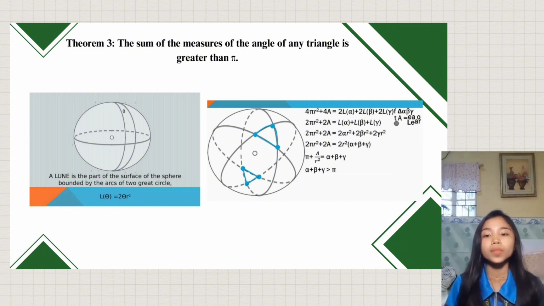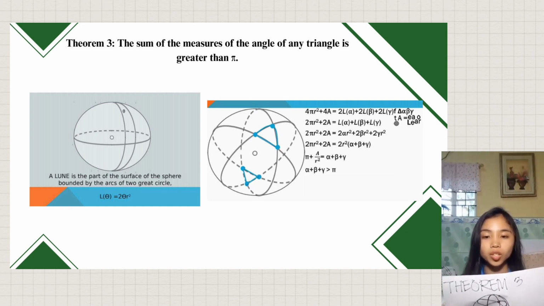In our illustration here, the sum of the measures of the angles of any triangle is greater than pi. So our theorem is provable because any triangle that we see in this illustration that is greater than pi, or greater than 180 degrees, is theorem 3.